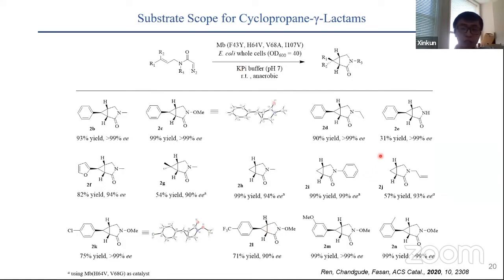Interestingly, this catalyst can not only tolerate the substitutions on the phenyl ring, like other catalysts developed for lactones, it can also tolerate various N substitutions, including the methyl, methoxy group, ethyl group, free NH group, albeit in lower yield, allyl group, and even bulkier phenyl group.